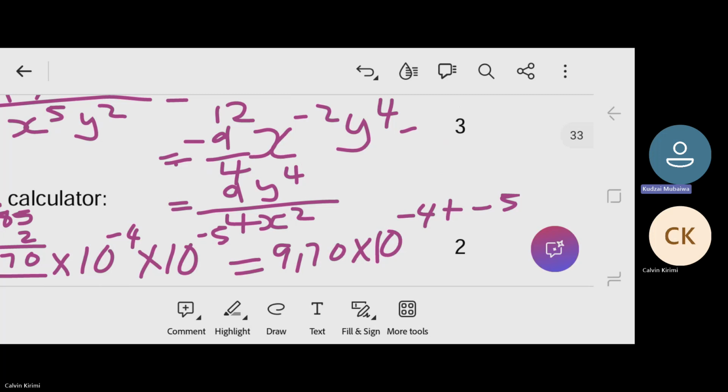Are you there? Yes, sir. So you must revise the standard form again. Let me just share so that you get it working for the last one. Then we conclude for the day. Revise the standard form.